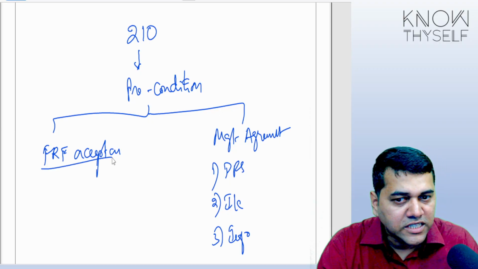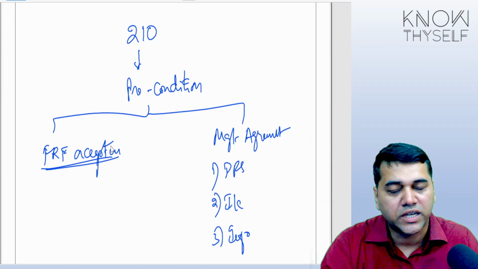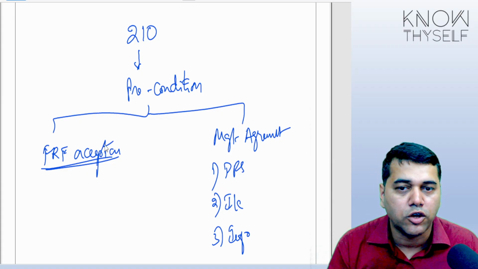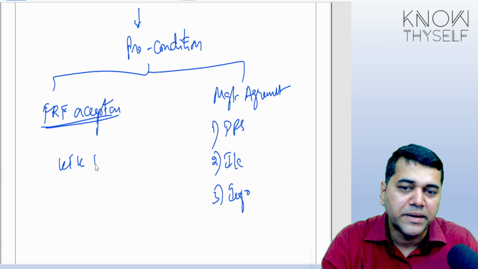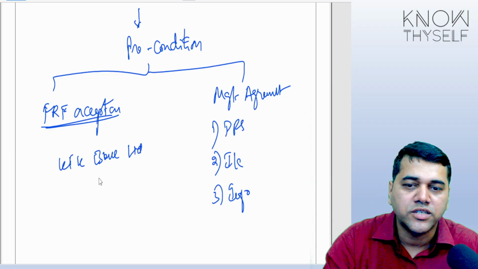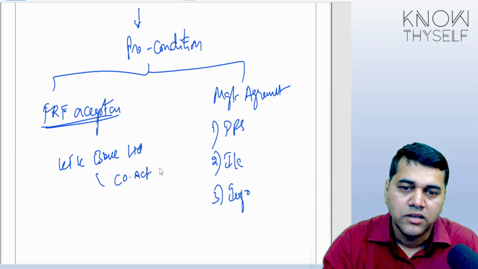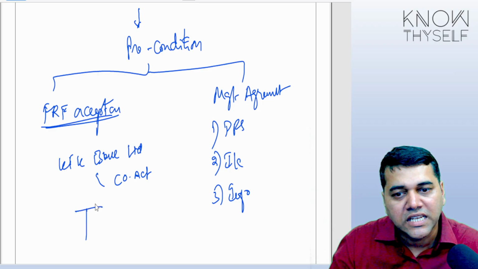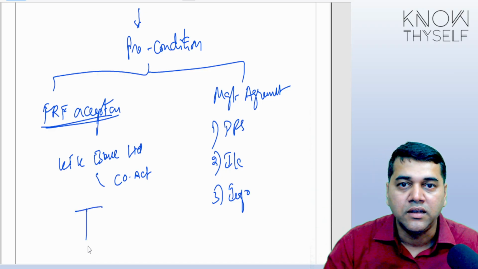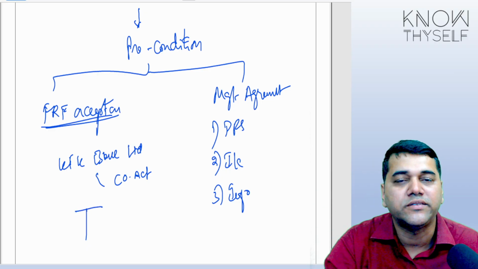Now, what does it mean that the financial reporting framework is acceptable? That means whatever framework they have selected to make the accounts. Just to give you an example, like Karnataka Bank Limited. Now, how did they come into existence? Through the Companies Act. Now, tomorrow if Karnataka Bank Limited comes to you with a balance sheet prepared as per Schedule 3 of the Companies Act and says, please audit this, sir, will you accept this engagement?